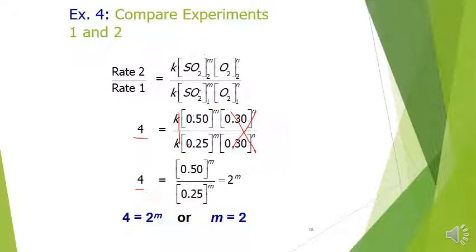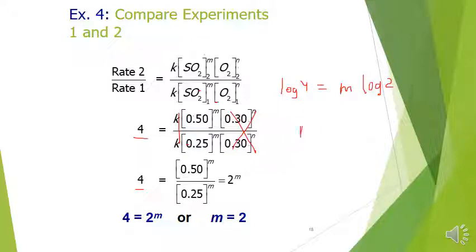If you think about it, we should be using logs to figure this out, and they could be ln or log. Another way to figure out m, if you remember your logs, is to take the log of both sides. The log of 4 should equal m times the log of 2.